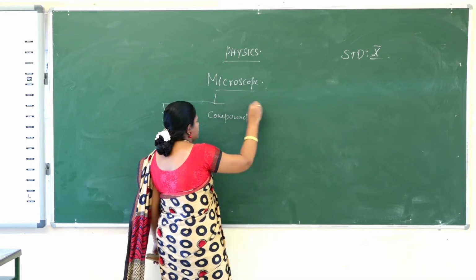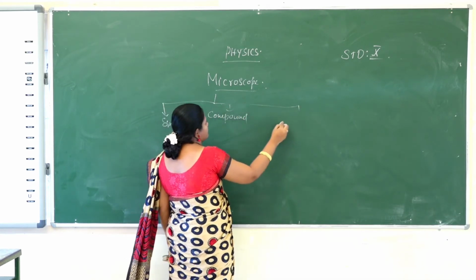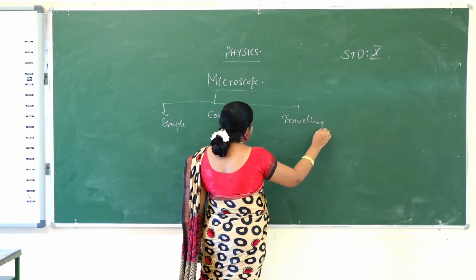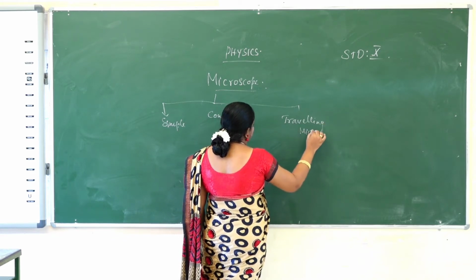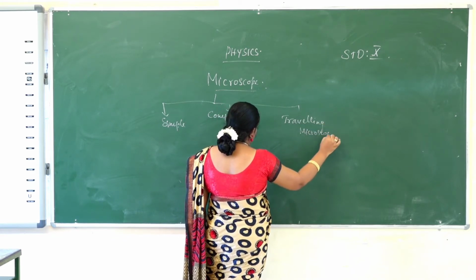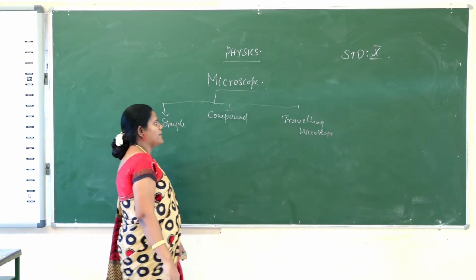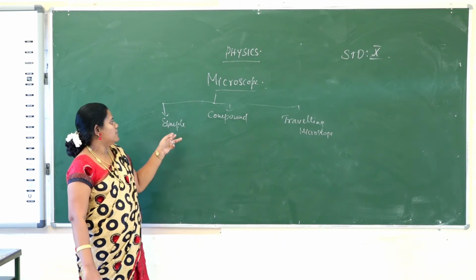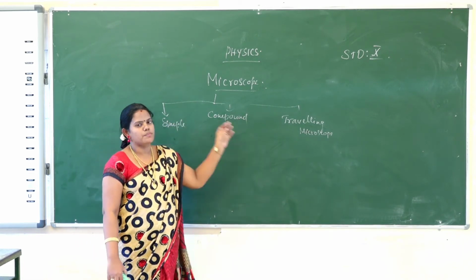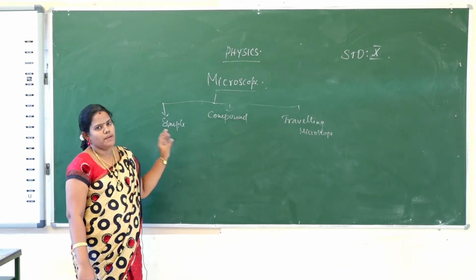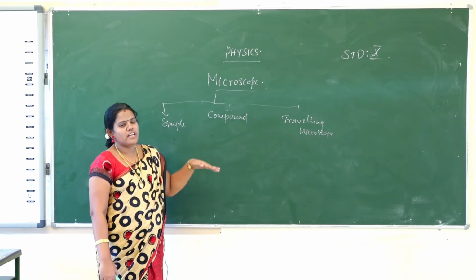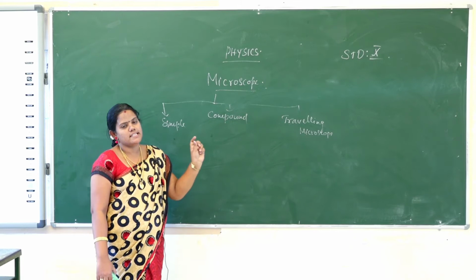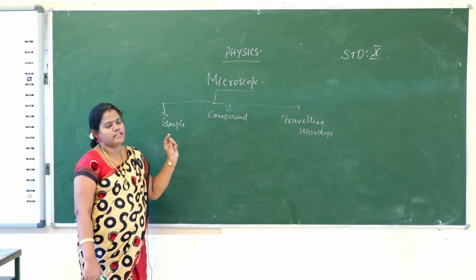Another one is there, though it is not a type, that is the travelling microscope. The travelling microscope is very accurate, so it will also be explained. So microscopes are simple, compound and travelling. A simple microscope magnifies an object a little; nearly one lens is there, so it easily magnifies the image.